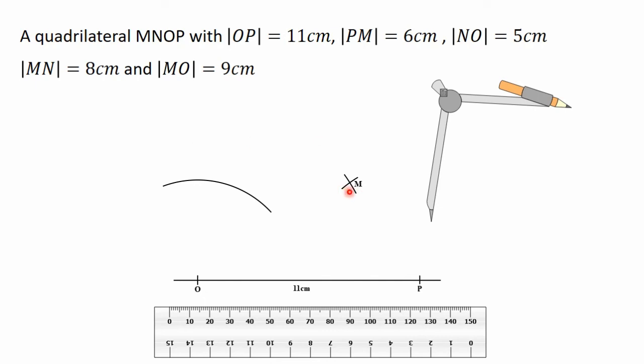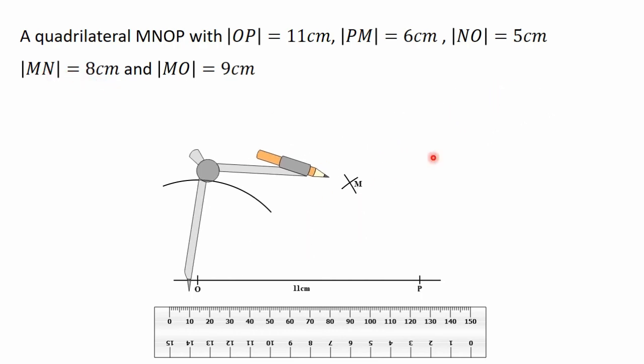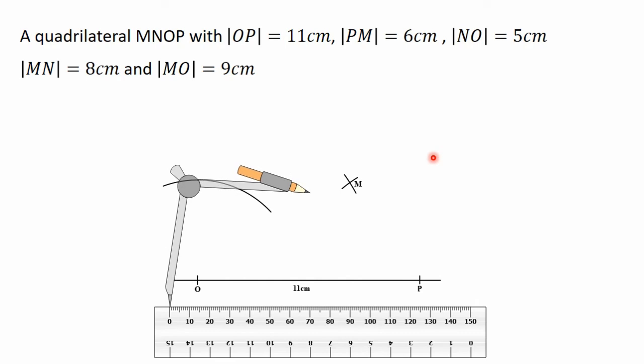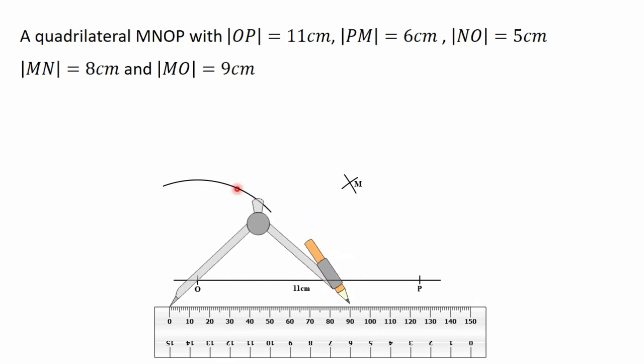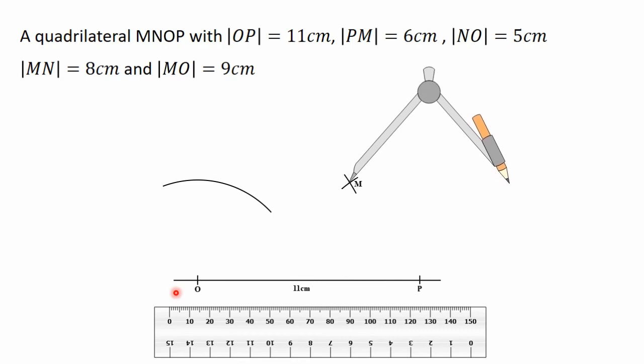Now that we know point M, we can construct the side MN. The side MN is 8 centimeters. So you measure 8 centimeters on the ruler using your compass. You put the needle of the compass on 0, then you stretch the part holding the pencil to 8 centimeters, which will be 80 millimeters on my ruler. Now, after you are done with that, you put the needle of the compass on point M since the side is MN.